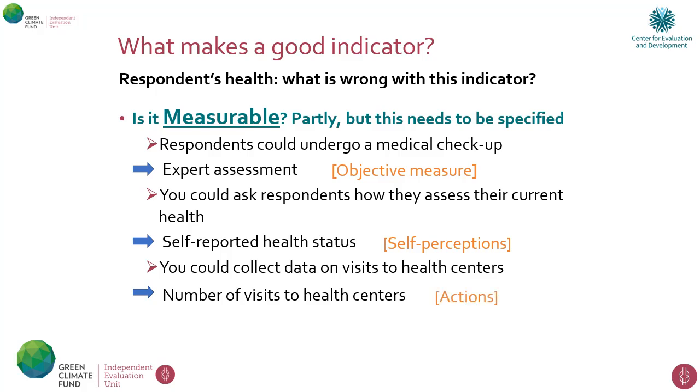The final example corresponds to actions taken by individuals. However, not all sick individuals may seek treatment in health centers. In any case, remember that you also need to specify the period of reference. For example, how will you assess your overall level of health during the last 12 months? The answer may differ if we ask instead about the last 7 days or about the last 24 hours.